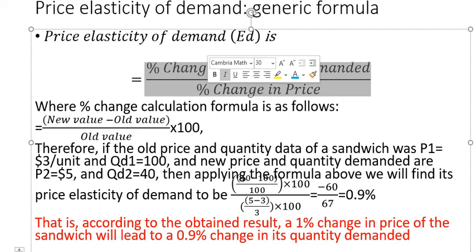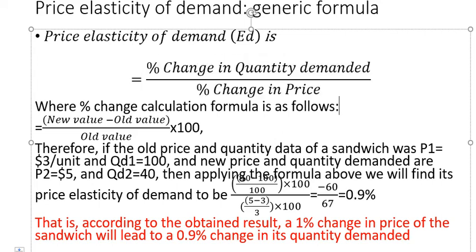So now the question is how we calculate percent change. The percent change formula is new value minus old value over old value times 100 for percent.